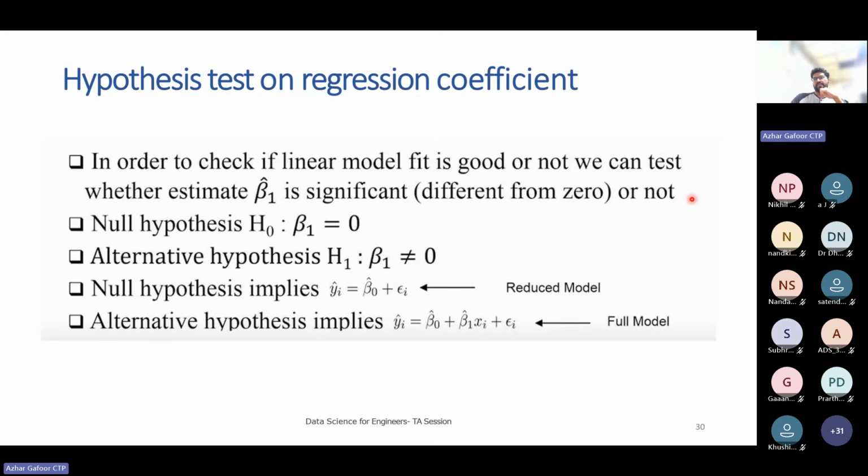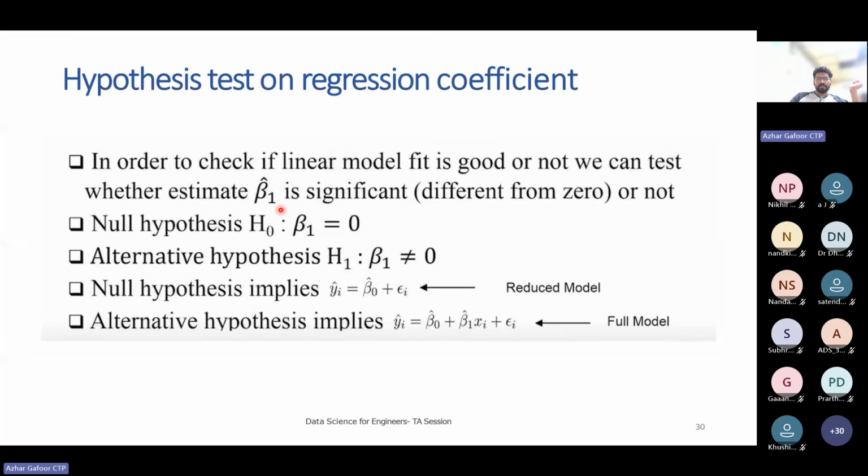Now let's see the hypothesis test on the regression coefficient. In order to check if the linear model's fit is good or not, we can test whether the estimate beta 1 is sufficient or not. So our null hypothesis is beta 1 is equal to 0, and our alternate hypothesis is beta 1 is not equal to 0.